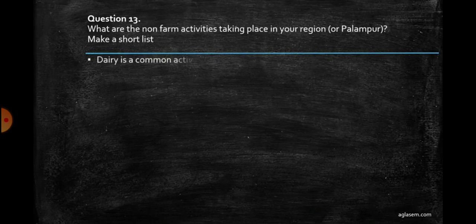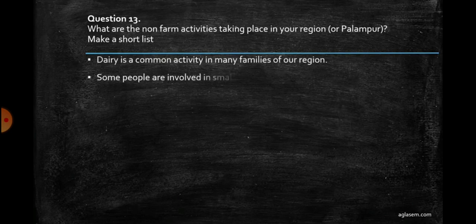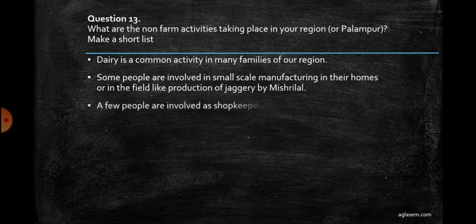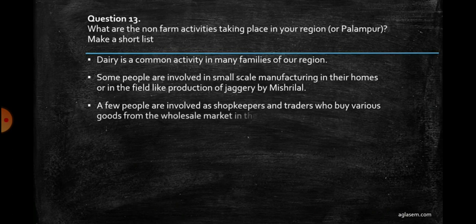Answer is: first is dairy, which is a common activity in many families of our region. Some people are involved in small scale manufacturing in their homes or in the fields, like production of jaggery by Mishri Lal. A few people are involved as shopkeepers and traders who buy various goods from the wholesale market in the cities and sell them in the villages.